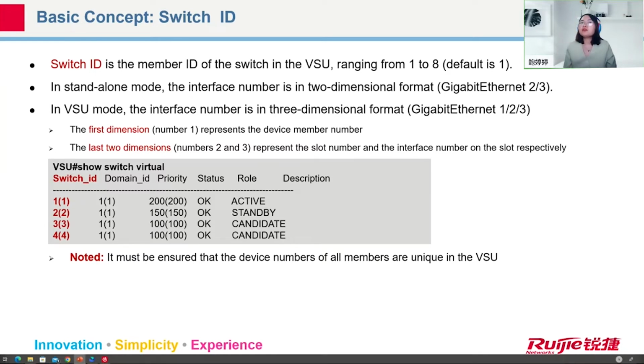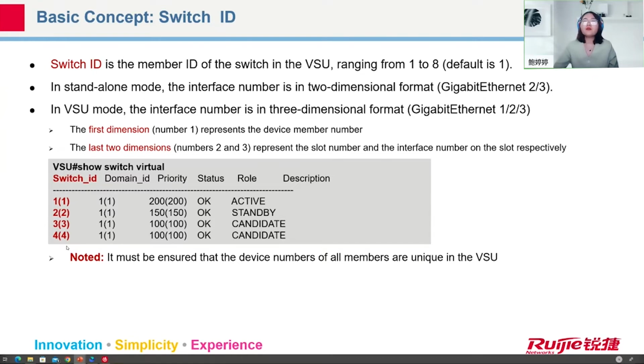If you have multiple slots, like some high-performance devices, you will see interfaces like 2/3, 5/3, because you have lots of slots in the device. After we finish the configuration, you use the command show switch virtual.